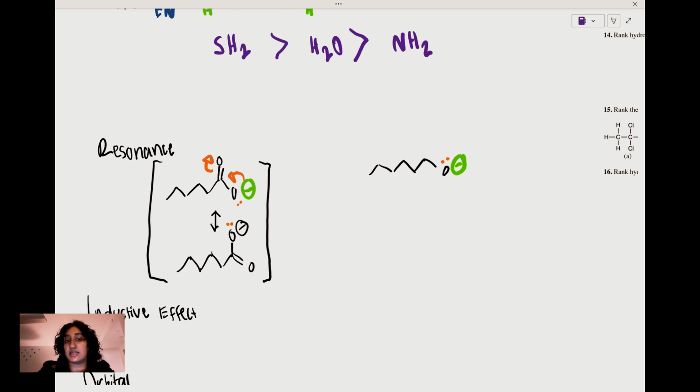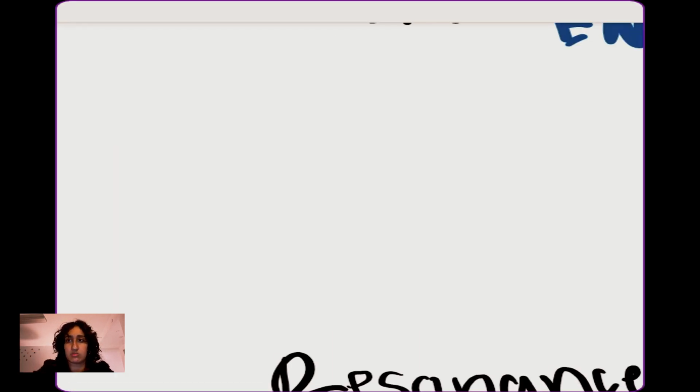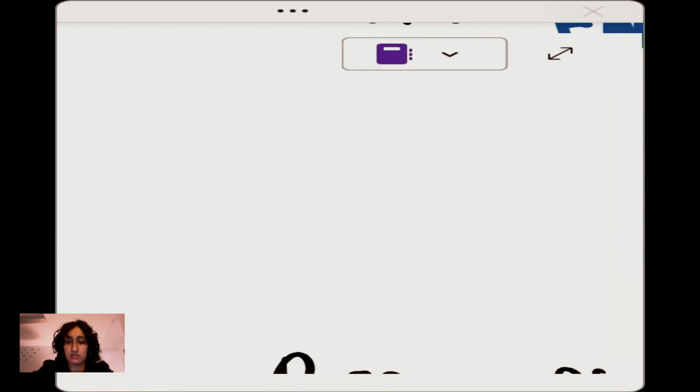They're not delocalized. Whereas this one, when you actually combine these 2 resonance structures, you get something like this, where that negative charge is actually shared between the two oxygens, which helps stabilize it. So a conjugate base with electrons resonating is going to be stabler than a conjugate base without.